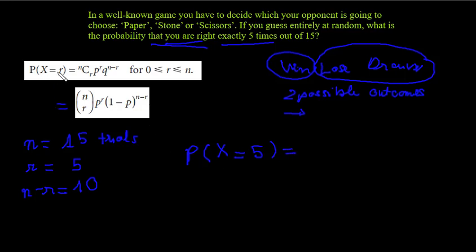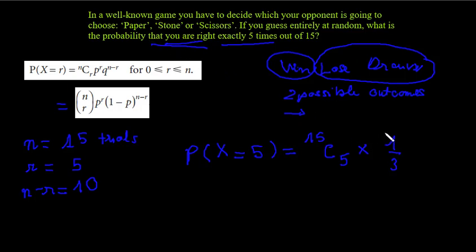Because our r is 5, we just apply the formula here. We have the number of trials is 15. We choose r, 5 times, to succeed. We do it 15 times, we choose 5 times to succeed. We multiply by, because you have 3 options: paper, stone, and scissors, the probability that you are going to succeed is 1 over 3. You get one of these and you win.